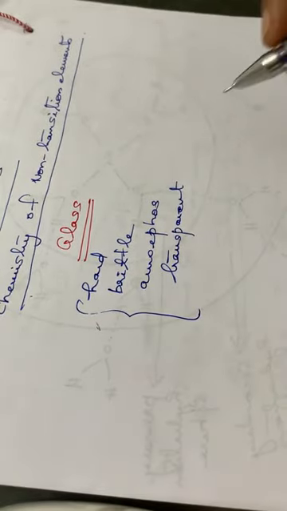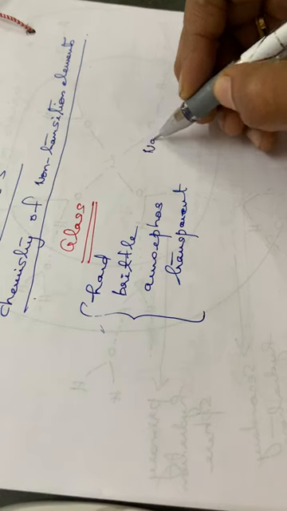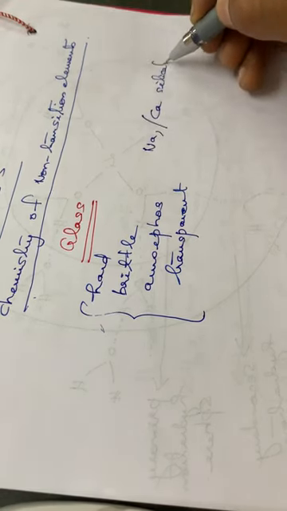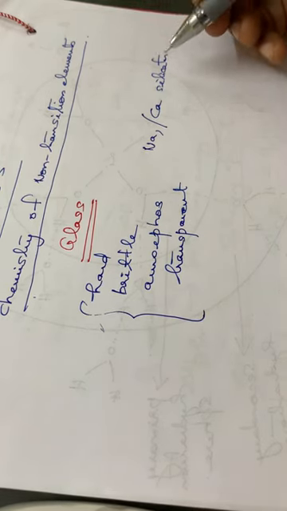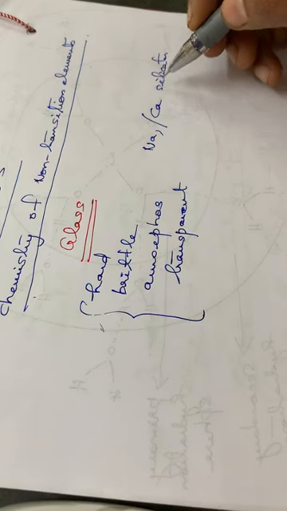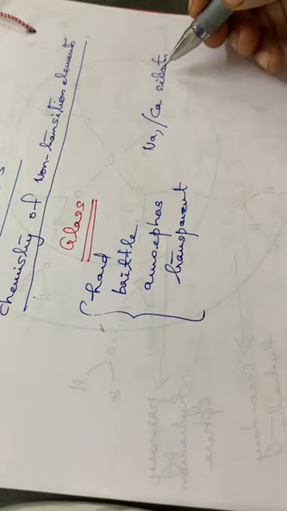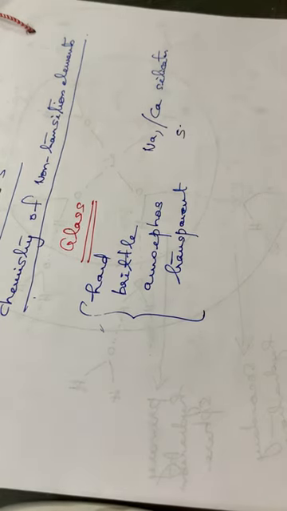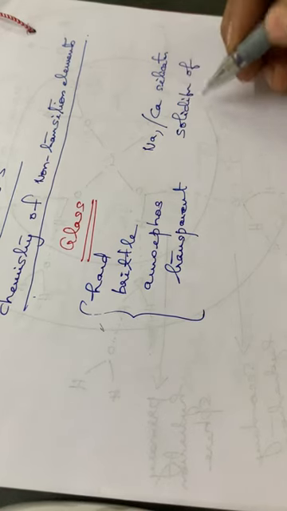Chemically, glass is sodium or calcium silicates. That is what we call glass. It can be the transparent silicates of sodium or calcium, or it can be of other metals, formed by the solidification of a molten mixture.